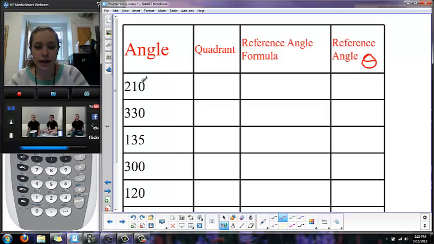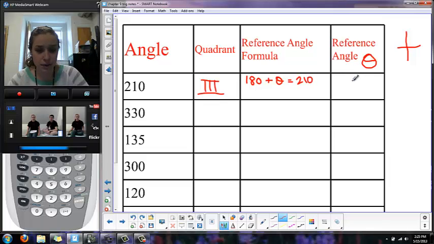Okay? So if I have an angle that's 210 degrees, that's bigger than 180, so we are in the third quadrant. Now, what was the reference angle formula for the third quadrant? In the third quadrant, that is 180 plus theta. So 180 plus theta gives me 210.